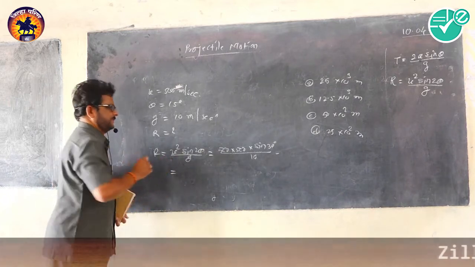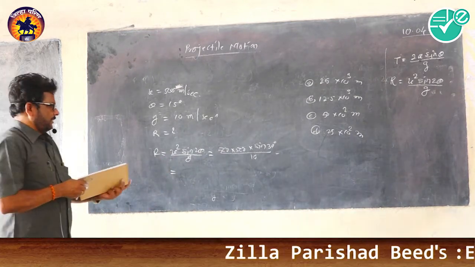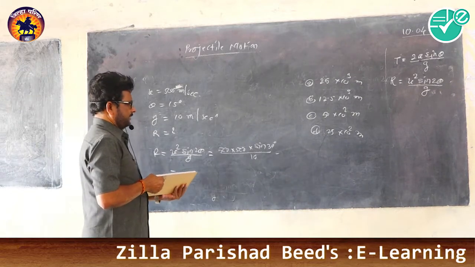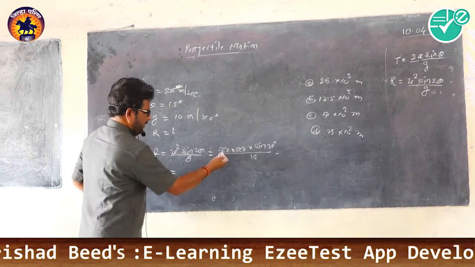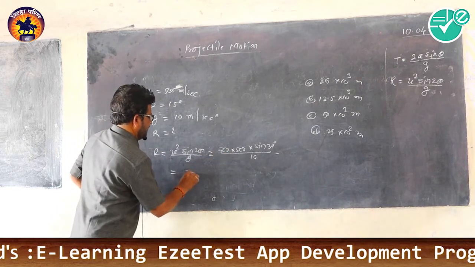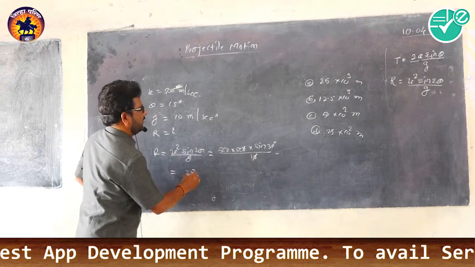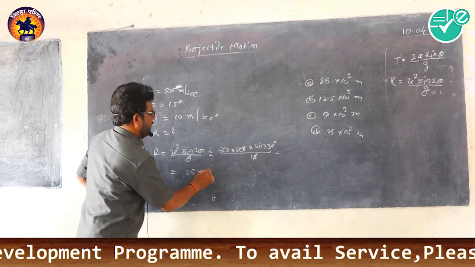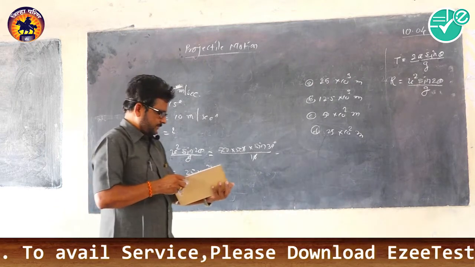After simplifying this, we can write 500 into 500 upon 10, that is 25 into 10 raised to 3, into sin 30.